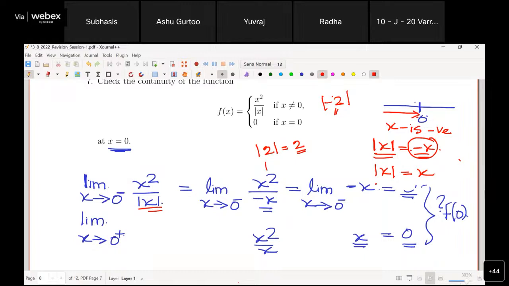And when x is negative, let's say minus 3, x is completely minus 3, and in that case modulus is minus of x, which is minus of minus 3, which is 3. So this definition is very useful. You need to use it a lot of times.